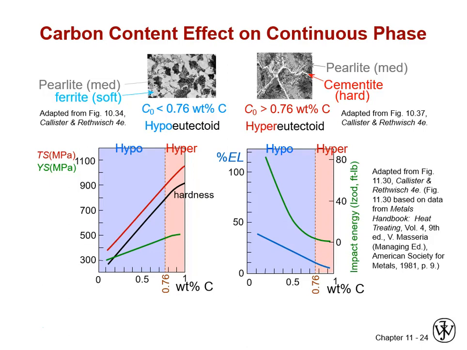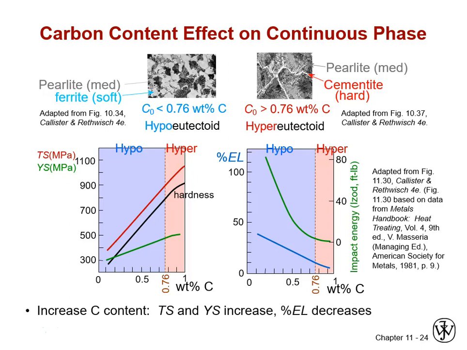As we increase the carbon content, we start to ramp up our properties on a more or less continuous basis. And of course, our impact energy, which is a qualitative assessment of fracture toughness, decreases rapidly as we go across and remains very, very low as we cross the boundary and have that continuous cementite phase. Now again, we can alter this somewhat by making it thinner, refining our microstructure, but those are the general trends that we get.